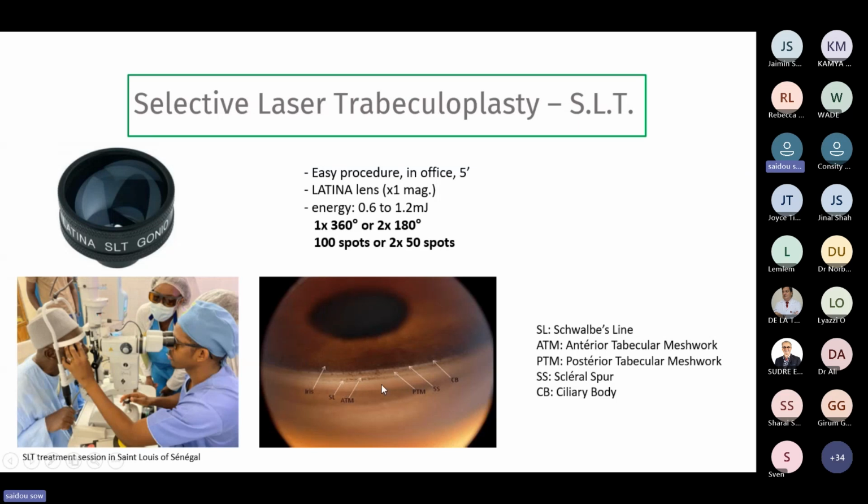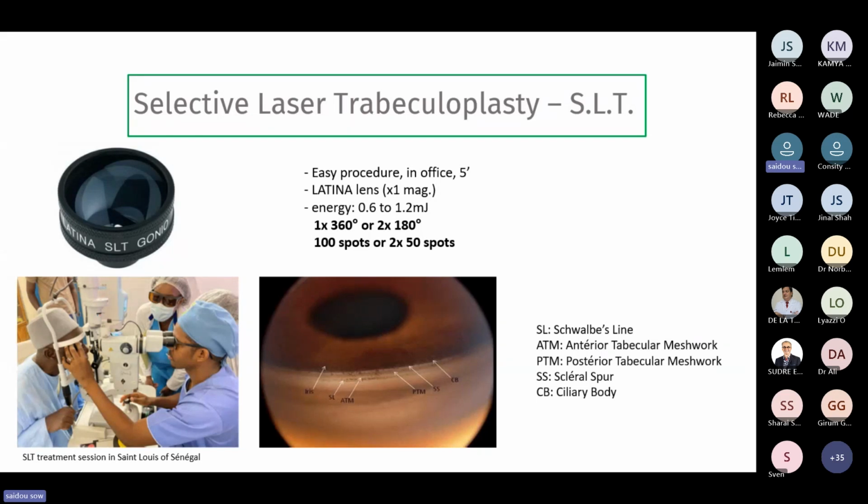Personally, I use the Latina lens, which does not magnify the images. The energy used is between 0.6 to 1.2 millijoule. Personally, I use 0.8 a lot of the time. It's enough to treat the patient and to see the champagne bubbles.